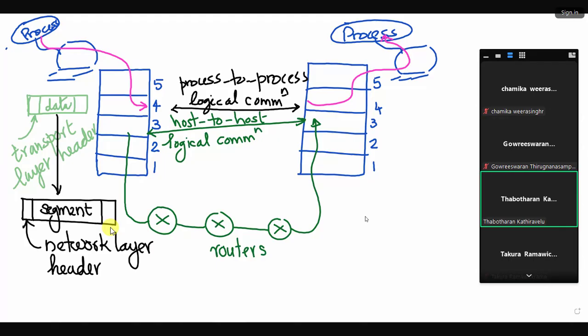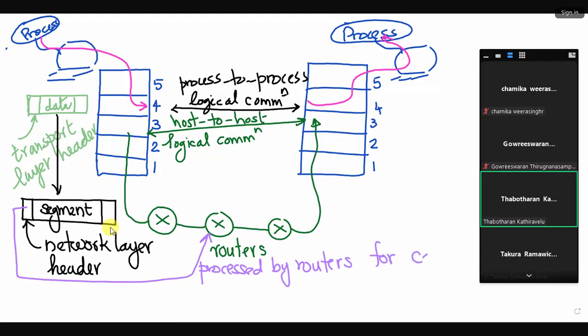These network layer headers are processed by the routers, intermediate routers actually, for correct forwarding and routing of data. They will use this.